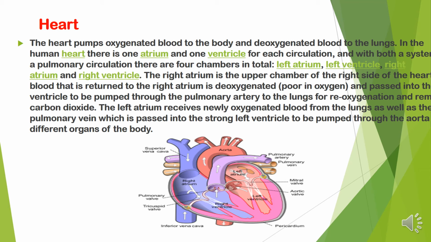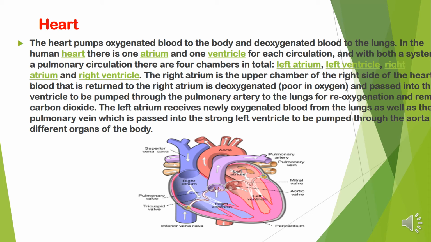The right atrium is the upper chamber of the right side of the heart. Blood that is returned to the right atrium is deoxygenated, or low in oxygen. It is then passed into the right ventricle, which pumps it through the pulmonary artery to the lungs for reoxygenation and release of carbon dioxide.